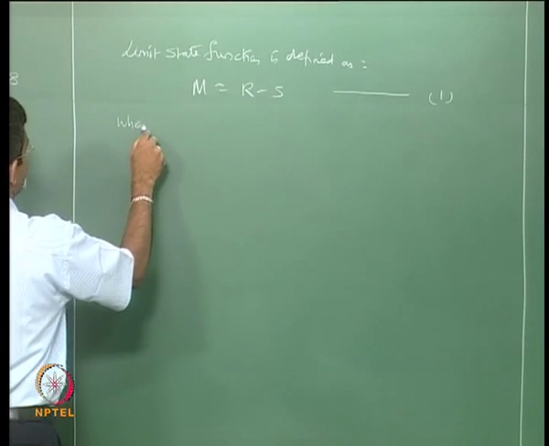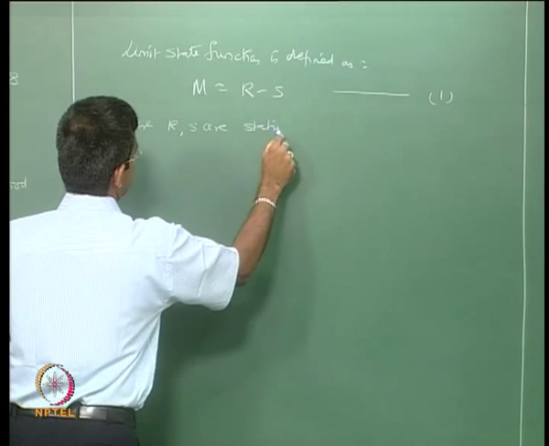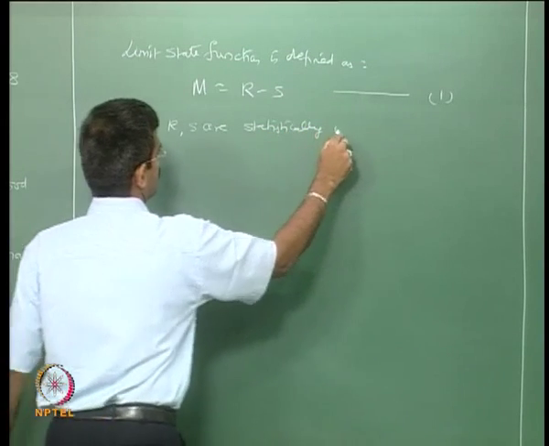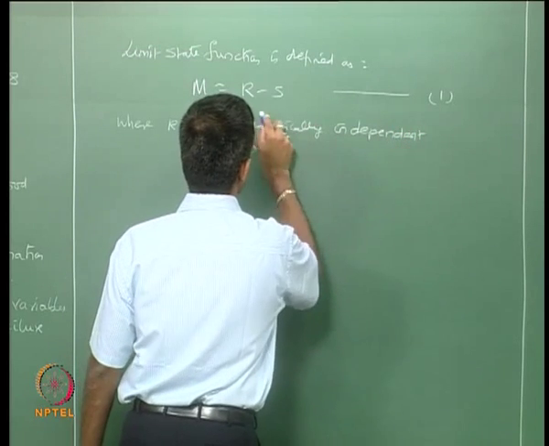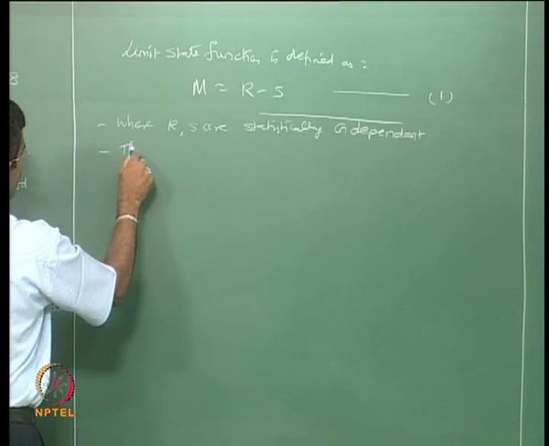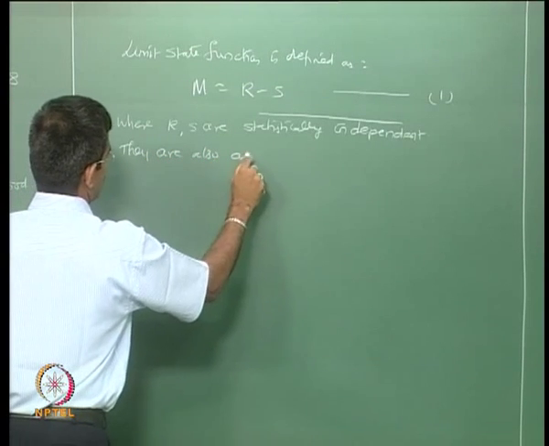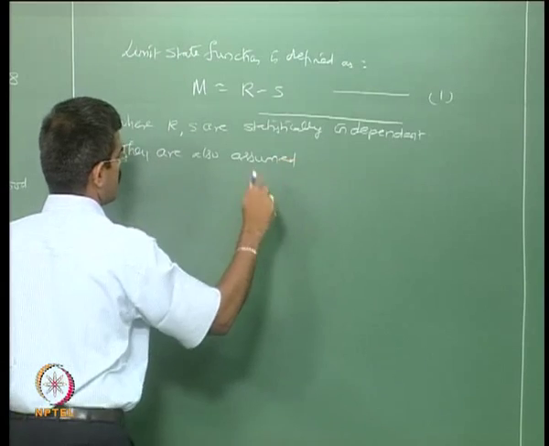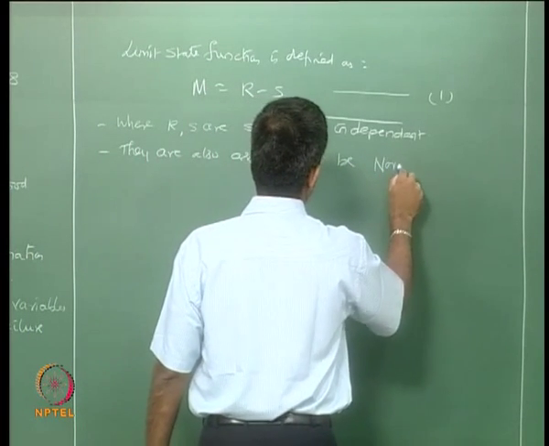where R and S are statistically independent. They are also assumed to be normally distributed.